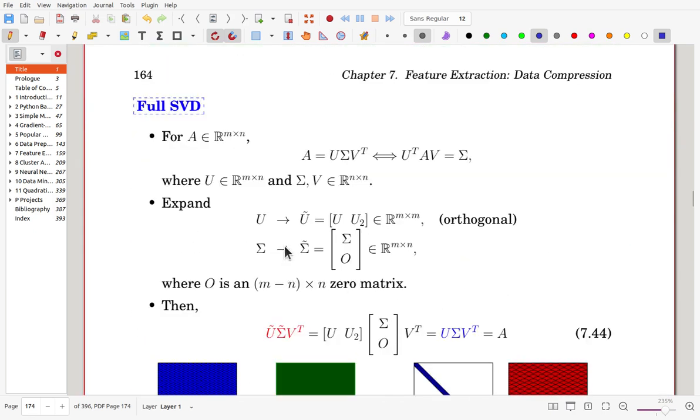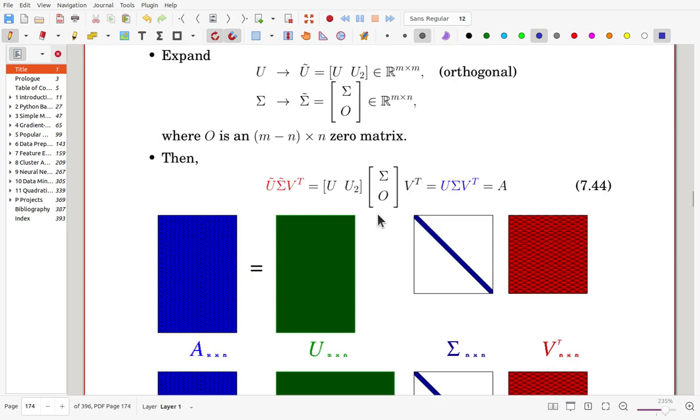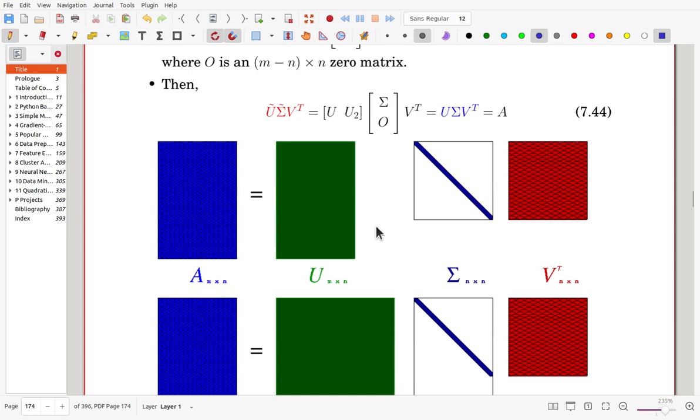Right now, we consider the shape of the SVD in this way. The original matrix is a tall matrix, then U has this shape, and sigma and V transpose are square matrices.